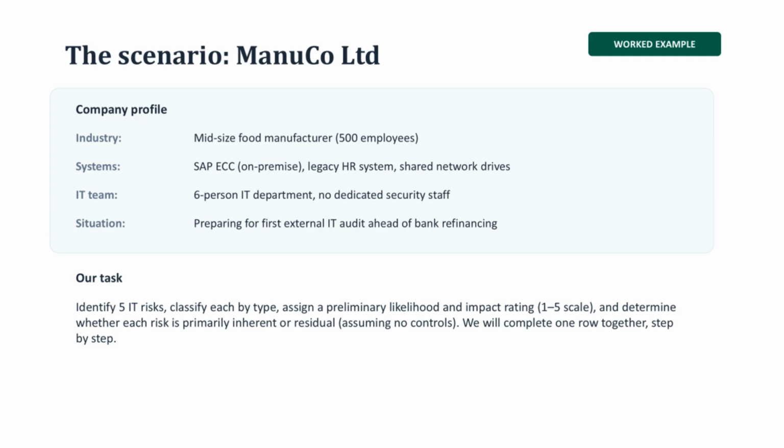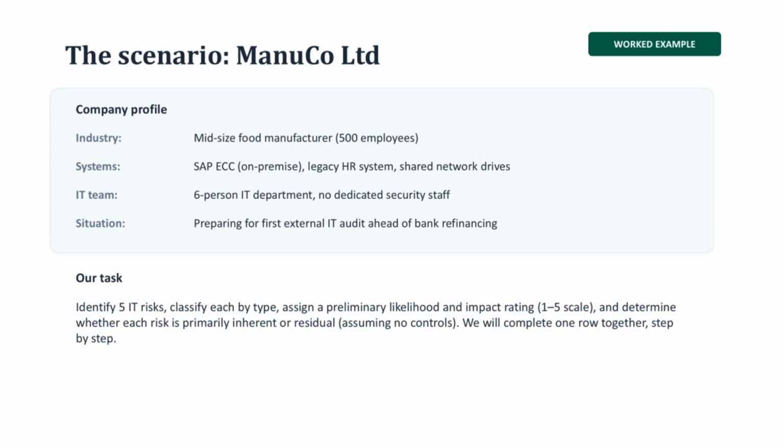Everyone sees everything. Now for the IT team, we see no dedicated security staff, which means no one owns security. Access reviews, patches or security monitoring are being done part-time by a generalist, or maybe not at all. Now, if you look at the situation, we are saying preparing for first external IT audit ahead of bank refinancing.